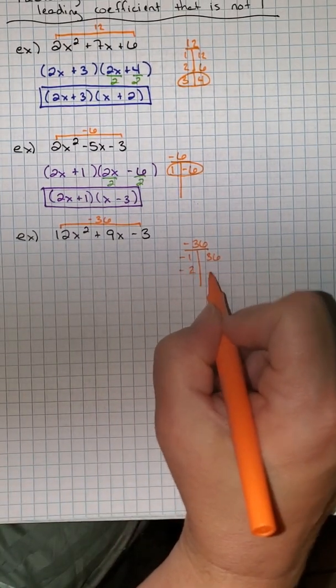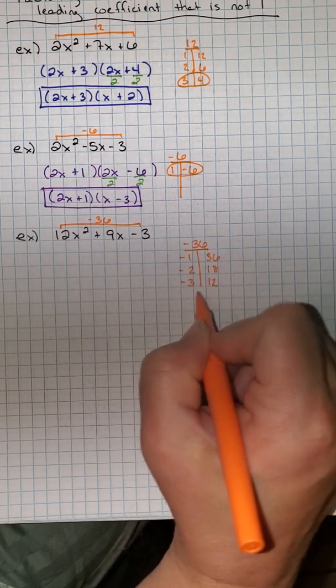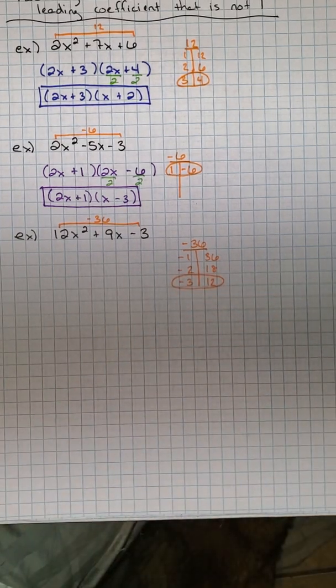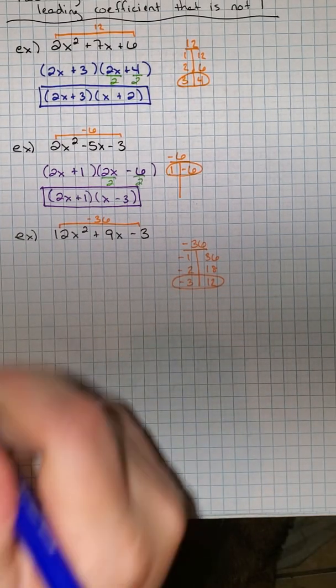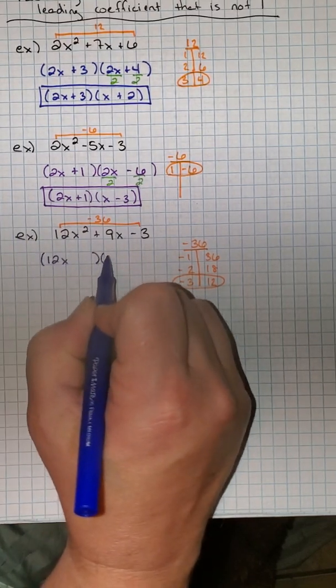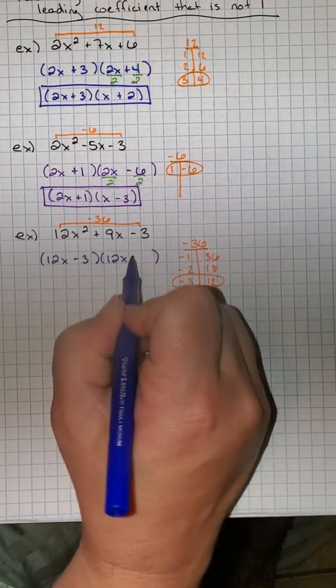Not it. Negative 2 and 18, not it, but we're going in the right direction. Negative 3 and 12, yep, it's those numbers themselves. Negative 3 and 12. So we start with 12x and 12x. And then put in our numbers, minus 3 and plus 12.